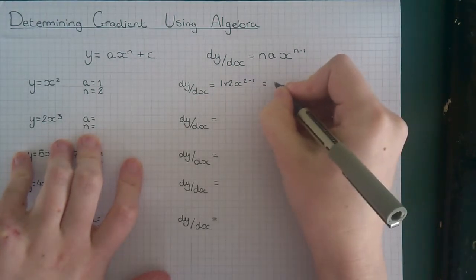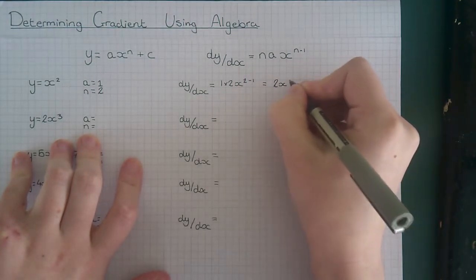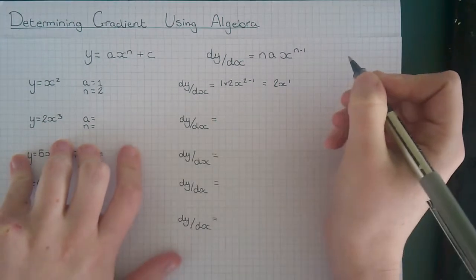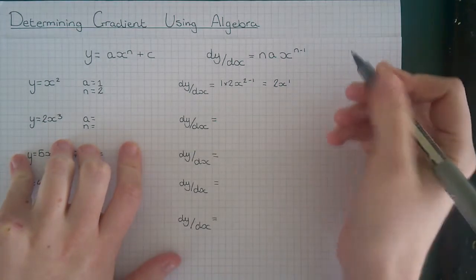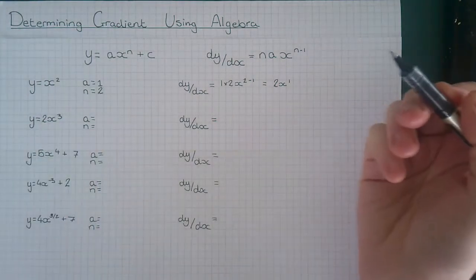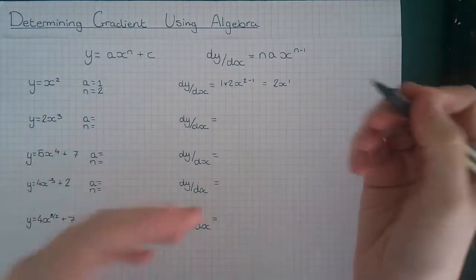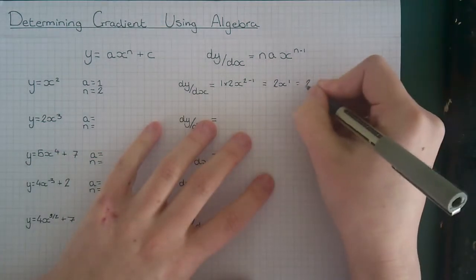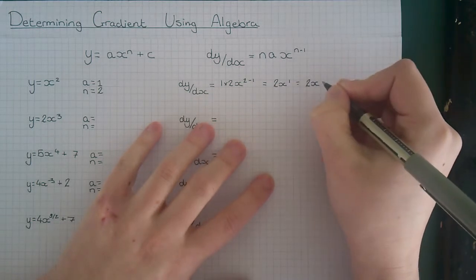This can also be written as 2x to the power of 1. Anything to the power of 1 is just written without the 1 there. You don't need it, it's implied. So 2x is the same thing as 2x to the power of 1.